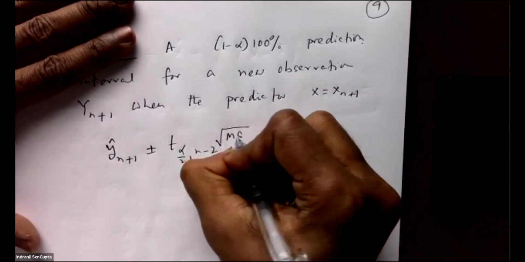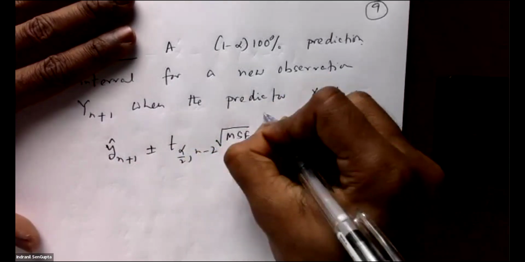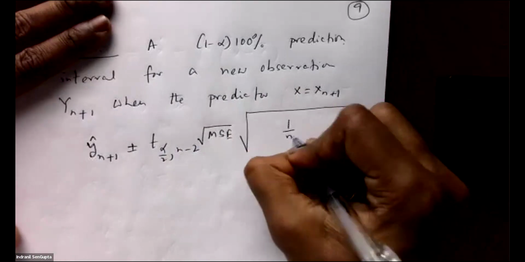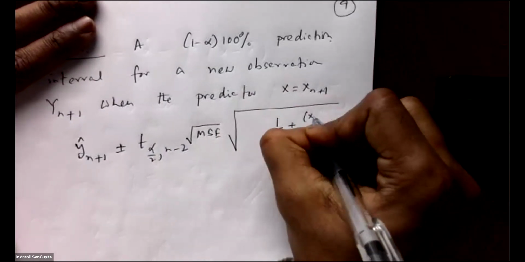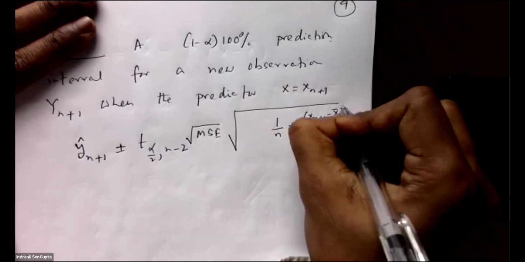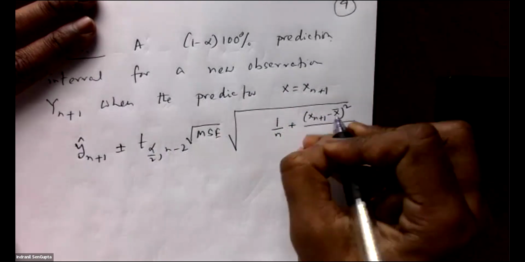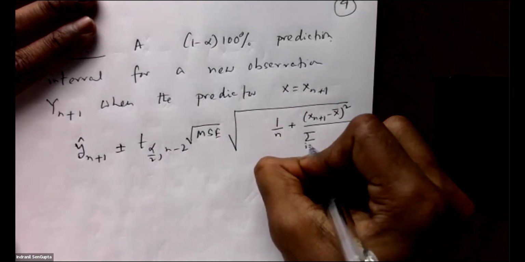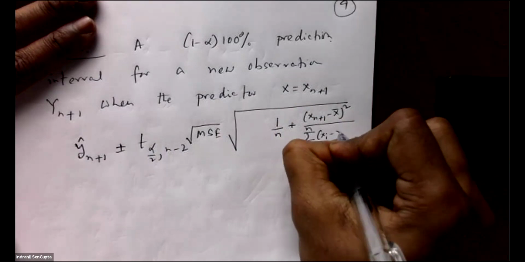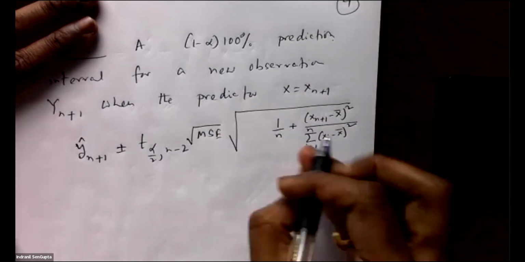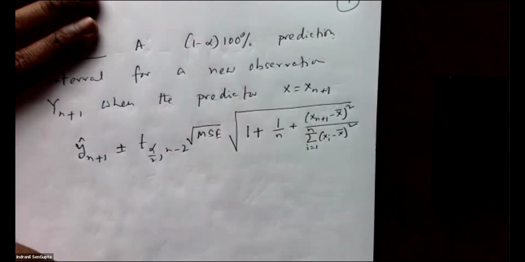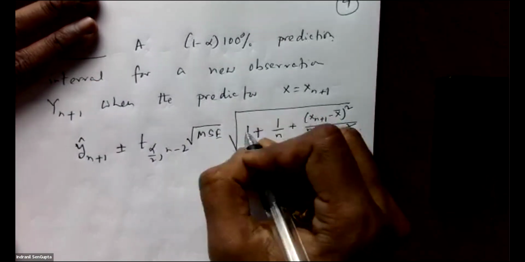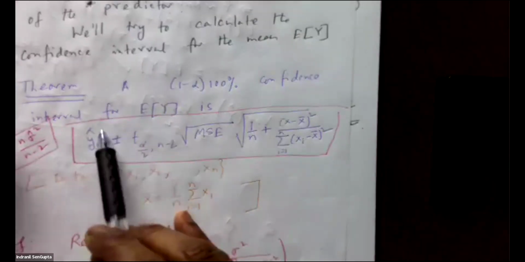square root of MSE. Up to this, it looks everything same as before. And even the last part looks very similar to before: x n plus 1 minus x bar squared over the sum for i from 1 to n of (x i minus x bar) squared, and then plus 1. That's the only thing: this one is the addition. So look at the previous one. Forget about this y hat and y n plus 1; both are the thing that we're trying to compute.